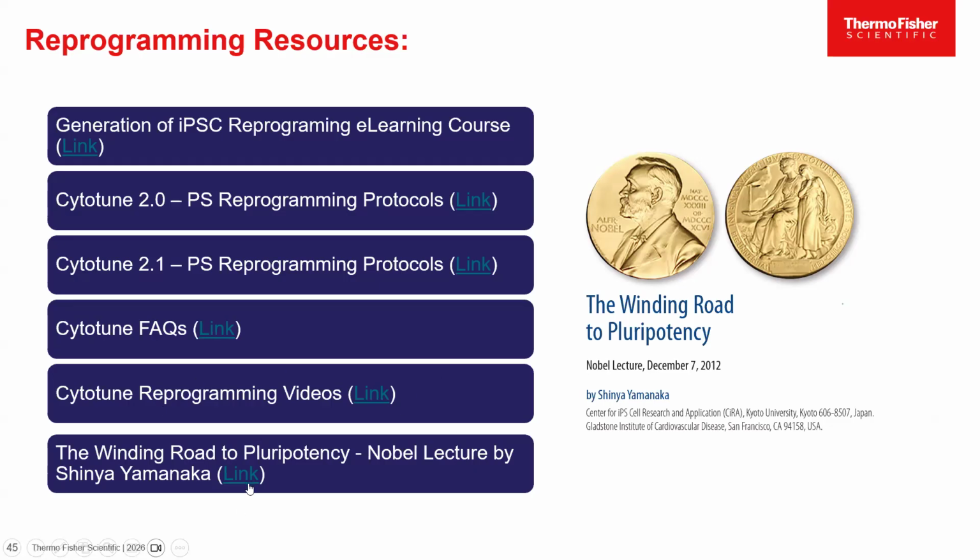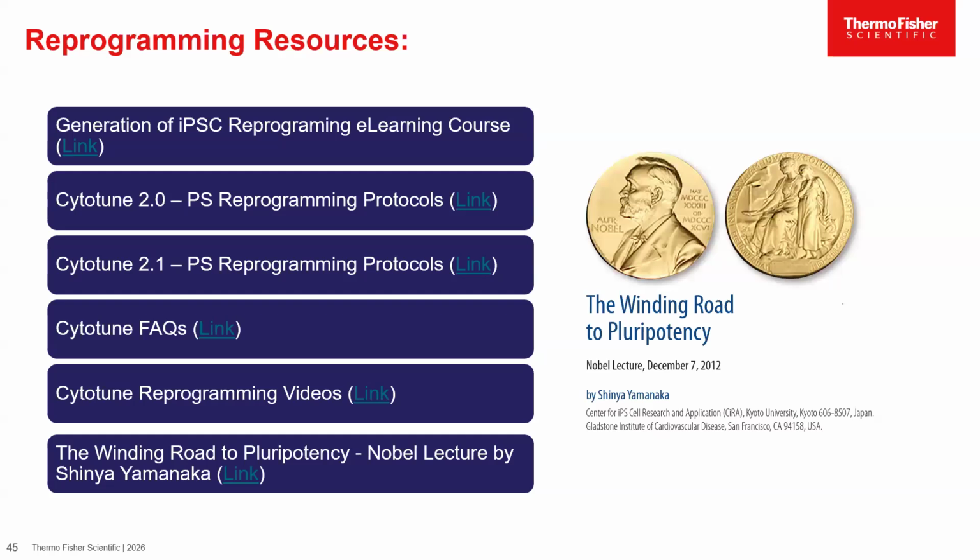And the final thing I also wanted to call out here is I included a link to Shinya's Nobel acceptance speech. I don't think I've actually mentioned this today, but Shinya's discovery, and John Gurdon's discovery, of being able to reprogram cells, somatic reprogramming, actually earned them the Nobel Prize, or at least Shinya's group, in 2012, right?